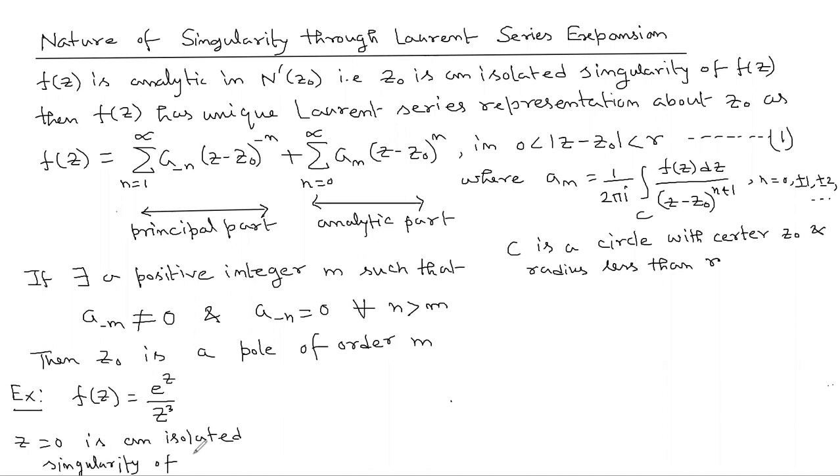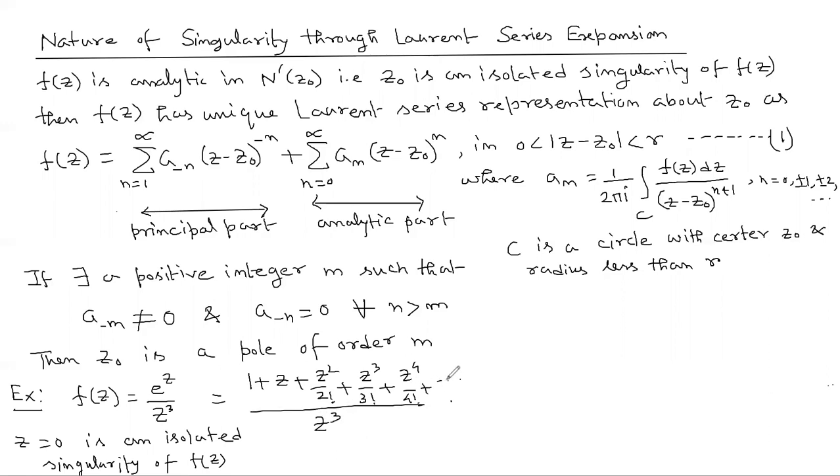of the function f(z). Now if we try to expand this function, we get the expansion of e power z as 1 plus z plus z square by 2 factorial plus z cube by 3 factorial plus z power 4 by 4 factorial and so on, divided by z cube.